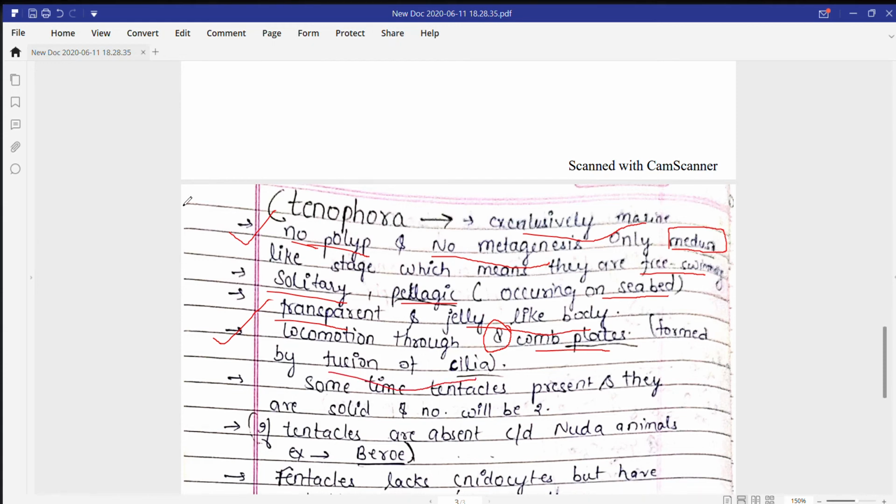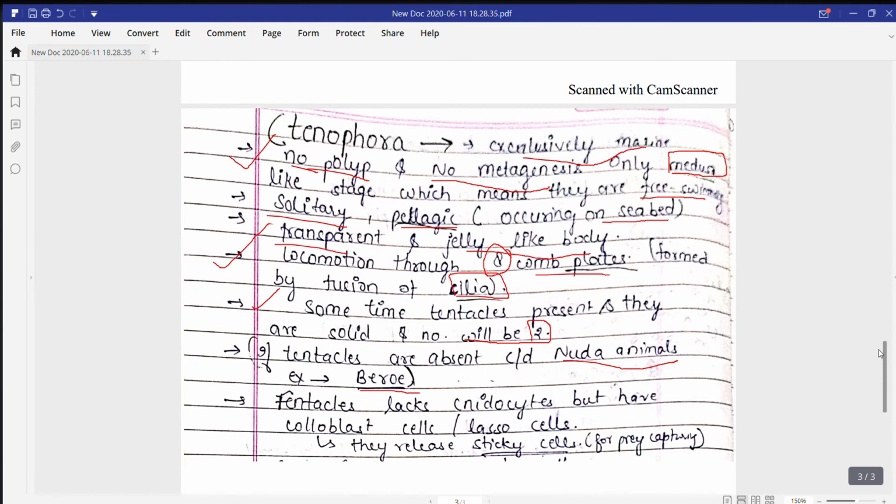The cilia fuse and form a comb plate. They have tentacles, though some organisms do not. If tentacles are present, the number will be 2. If tentacles are absent, we call them nuda animals, for example Beroe.